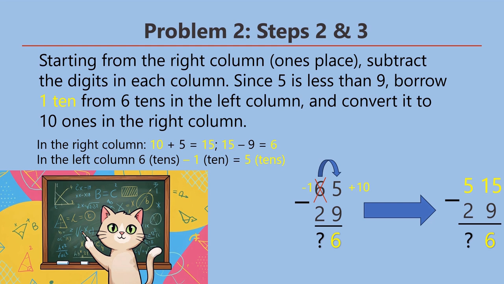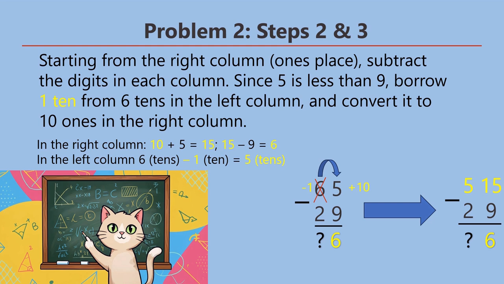Steps 2 and 3. Starting from the right column, the ones place, subtract the digits in each column. Since 5 is less than 9, borrow one 10 from 6 tens in the left column, and convert it to 10 ones in the right column.